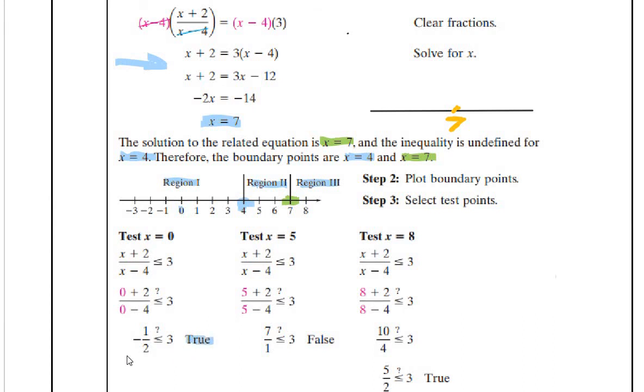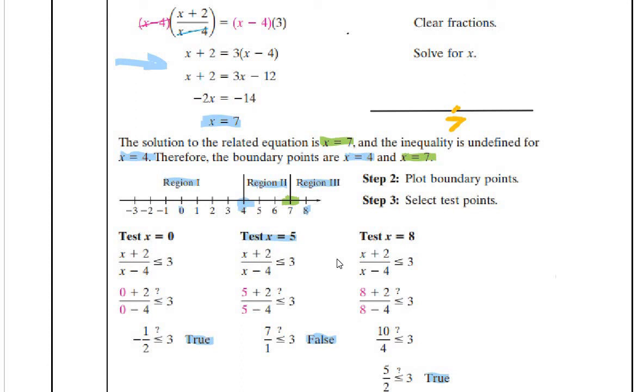Then we can take 5 and we check our fraction and we see it's false. In the third region we can take 8 or 9 or 10 or whatever you like, and you see it's true again. So we get true, false, true, and your answers will always be the true ones.